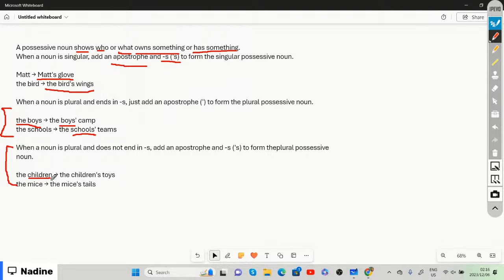We didn't just add s or es to a specific word to show that it is plural. So we have the children. And if we want to talk about the children's toys, then we say the children's toys. And over there we can see the apostrophe and the s.